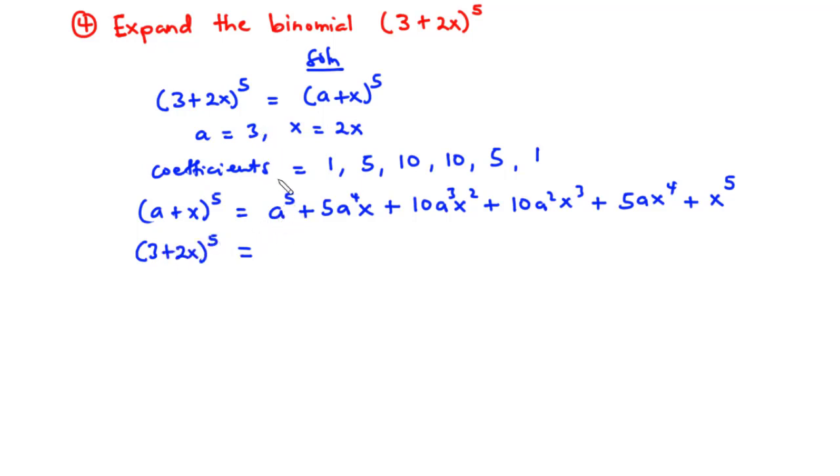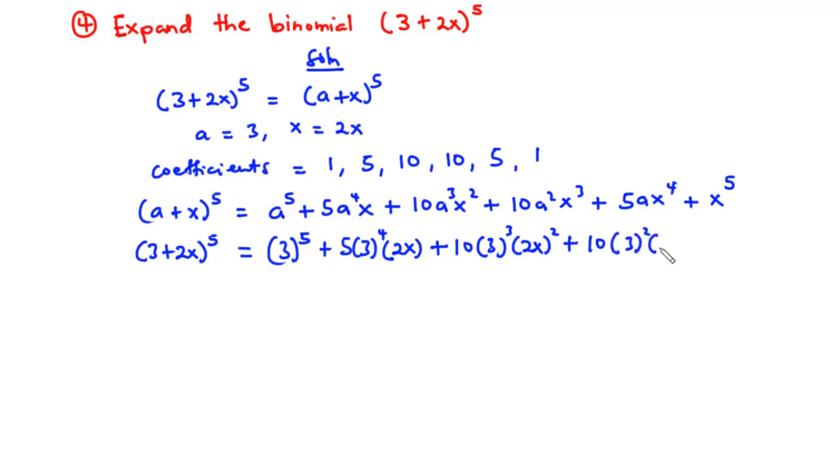So we have a to be 3. So 3 to the power 5 plus 5 times 3 to the power 4. We have x to be 2x plus 10 times 3 to the power 3 times 2x to the power 2 plus 10 times 3 to the power 2 times 2x to the power 3 plus 5 times 3 times 2x to the power 4 plus 2x to the power 5.